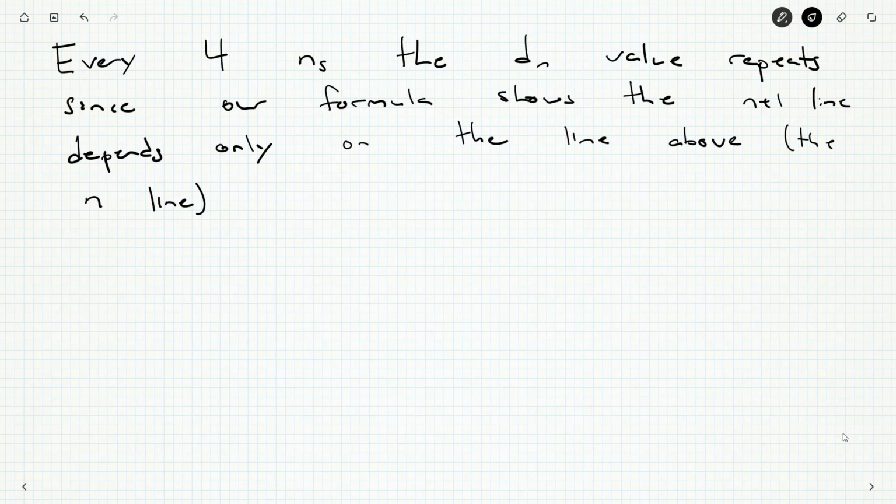Okay? So it repeats quite nicely. And that means our sum is just 9 plus 7 plus 9 plus 1 plus... It's just going to keep going.